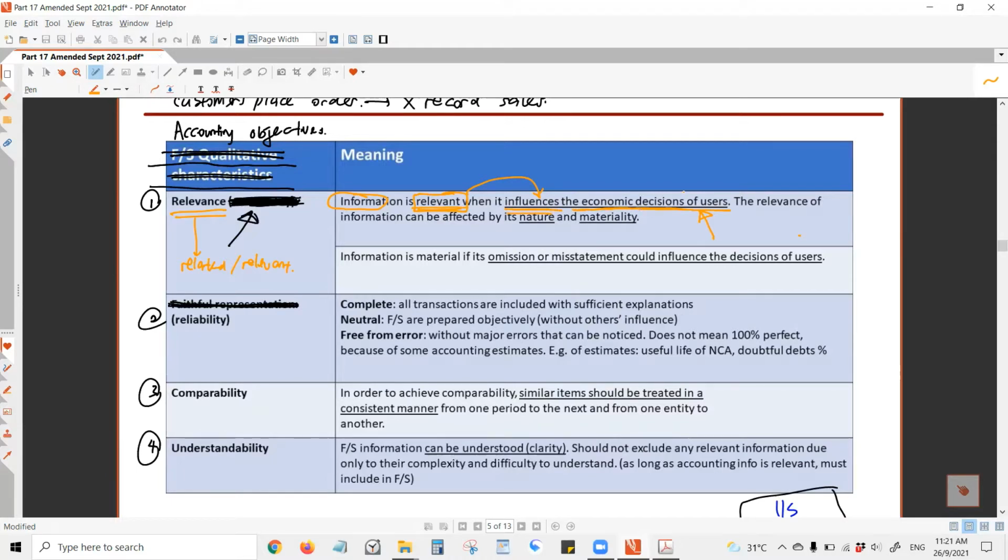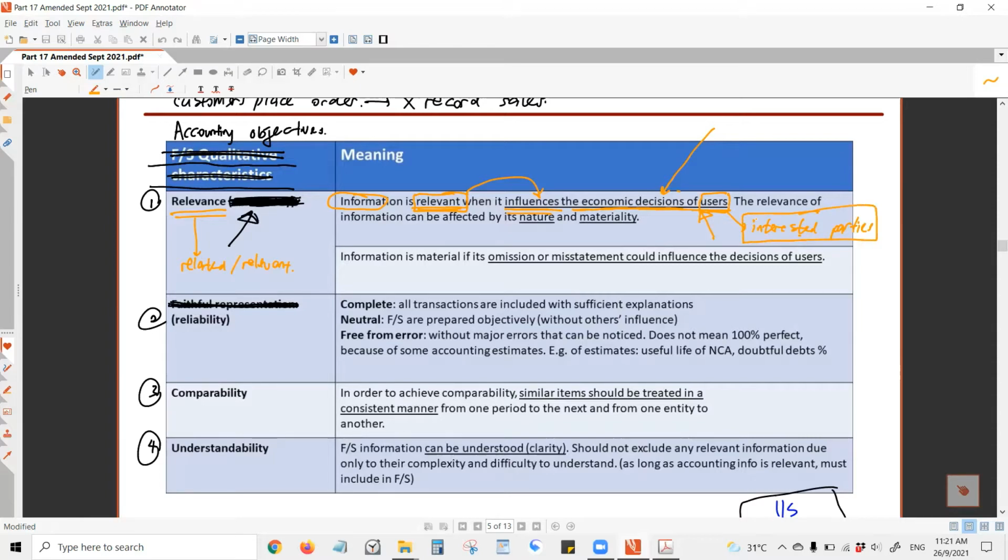In the future, you would even study what is meant by economic decisions. But I can tell you who the users are here. Users are interested parties. Later, you will learn who interested parties are: people who are interested to look at your income statement, people who are interested to look at your SOFP.